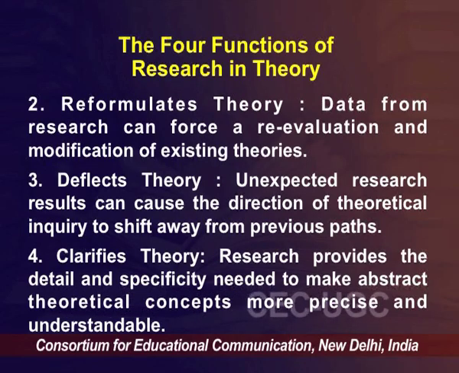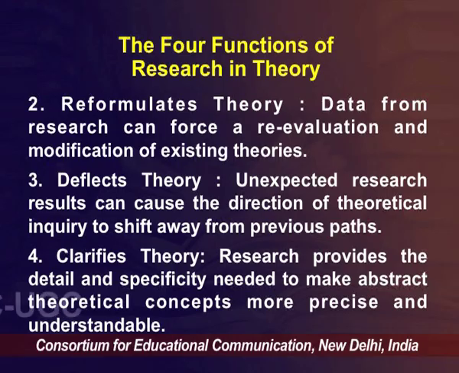The third is that it deflects theory. Data from unexpected research can cause the direction of theoretical inquiry to shift away from the previous path. That is, researchers go to the field with a set of ideas to explore a pattern, to understand structures, but in the process of data collection, it moves away and gives us a new area of research and theory. The fourth, it clarifies theory.